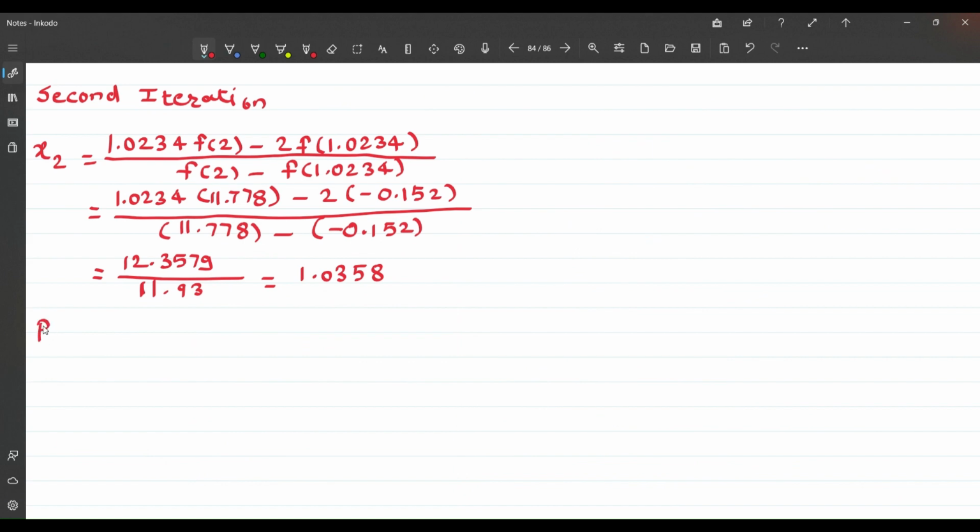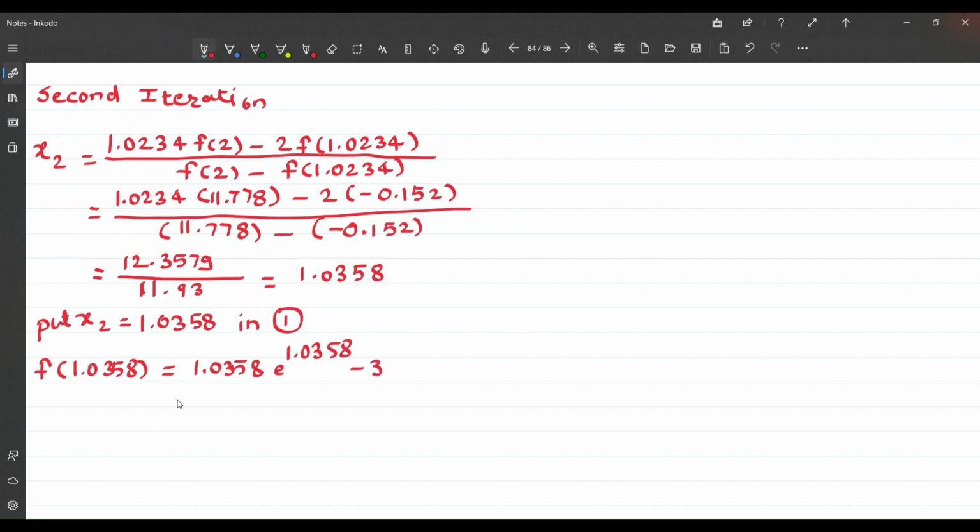For this, we have to put this new value of x in equation 1. Put 1.0358 in equation 1. The equation is x into e raised to x minus 3, so the answer is 1.0358 e raised to 1.0358 minus 3.